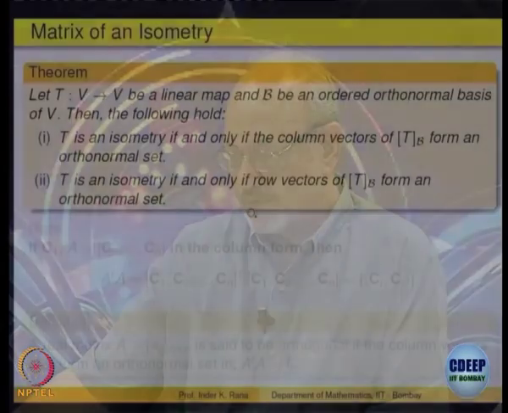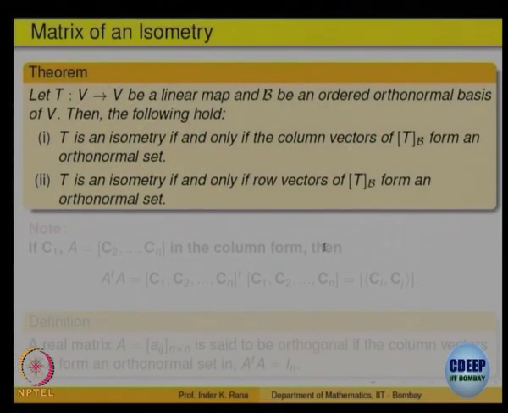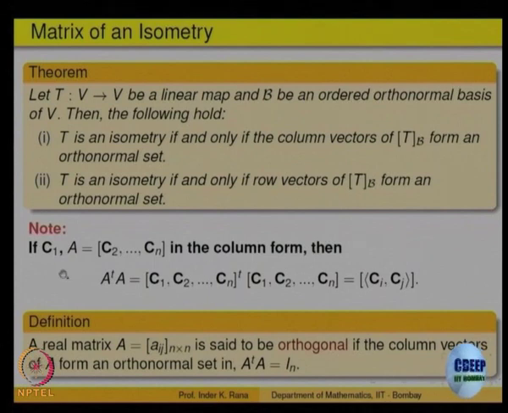So, it says that if T is a linear transformation from one vector space to another, you take an ordered orthonormal basis of V, look at the matrix corresponding to that, then T is an isometry if and only if the column vectors are orthonormal, and equivalently the row vectors are also orthonormal. So, we will assume this theorem, but let us see what the consequences are.